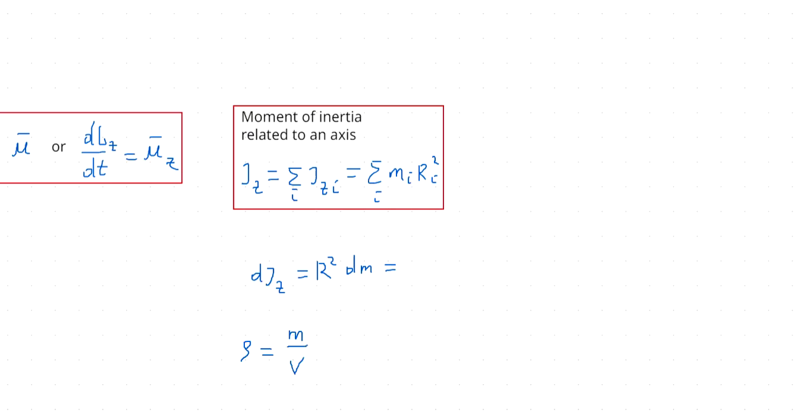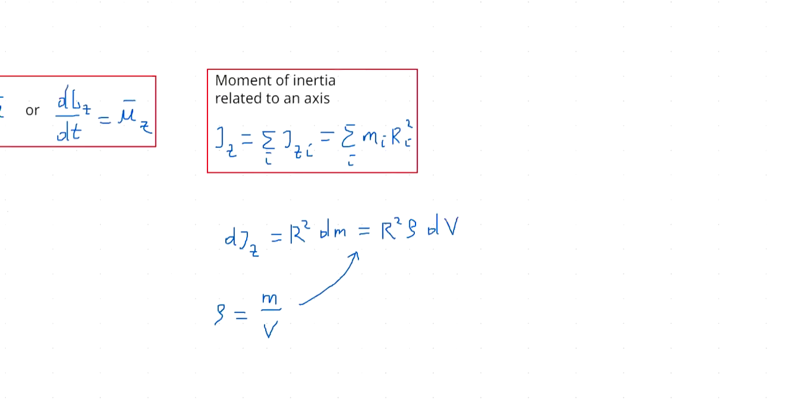So from here we can write that this is equal to r to the power of 2 rho, where rho is the density of the rigid body, multiplied by dV.